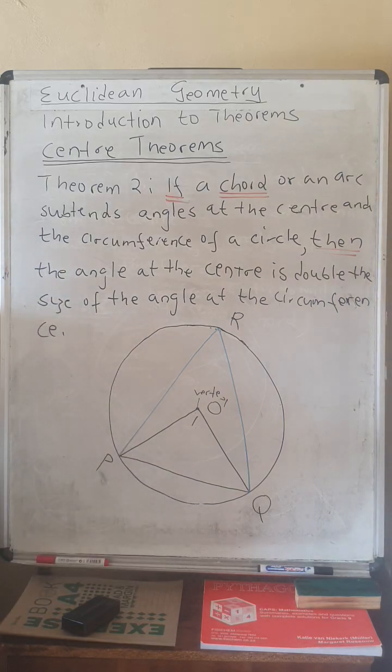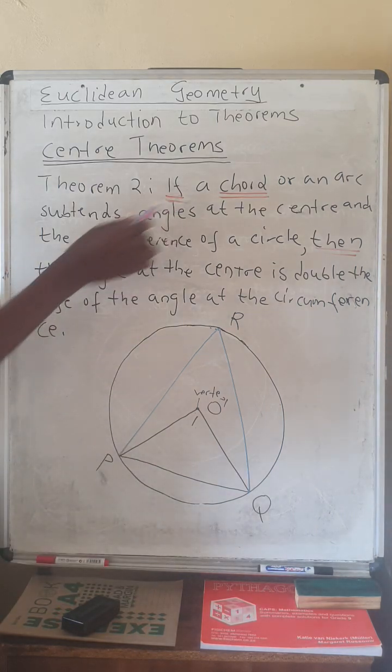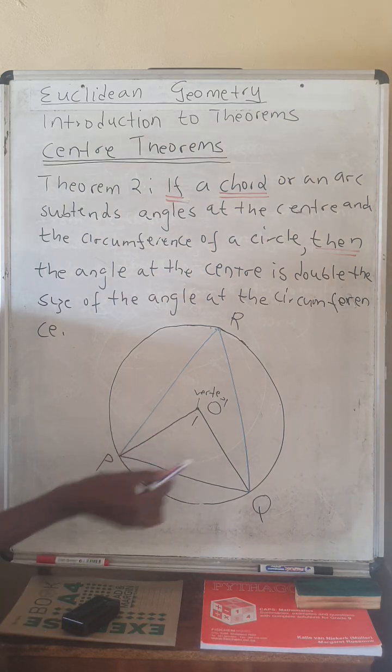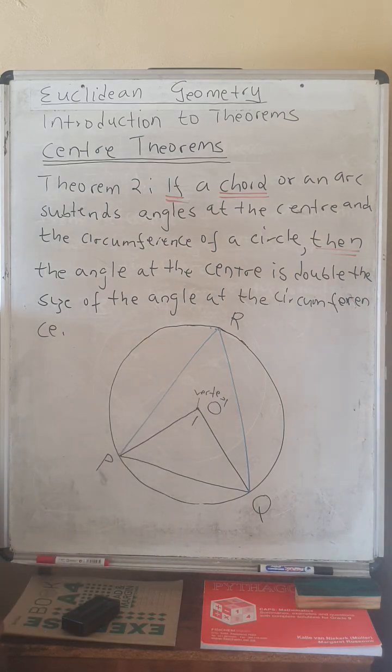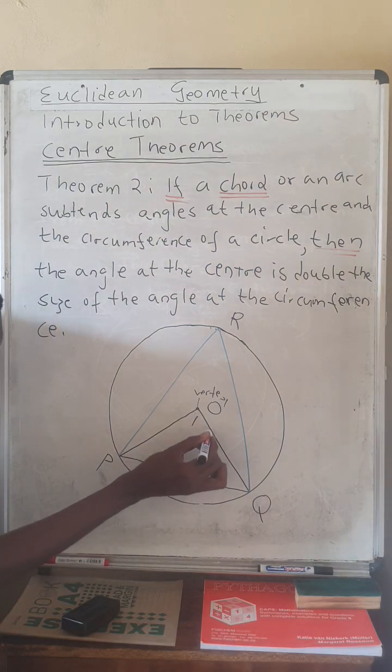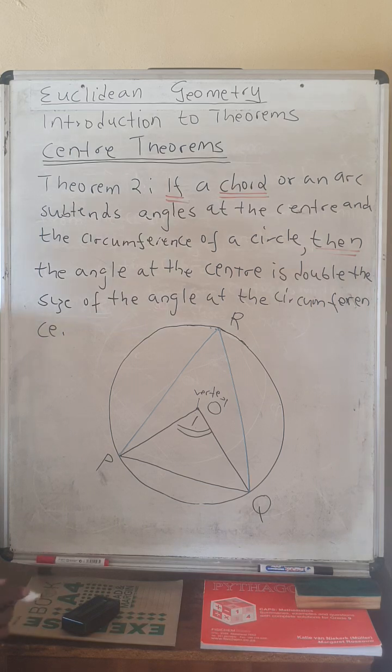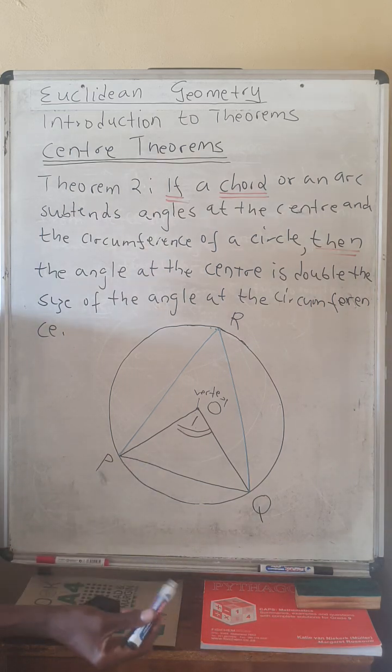So to identify this condition, this is what you need to do. First of all, check if there is any angle at the center. In this case, yes, there is. After you have identified that angle at the center, check if that angle is being subtended by a chord or an arc. Is this angle subtended by a chord?